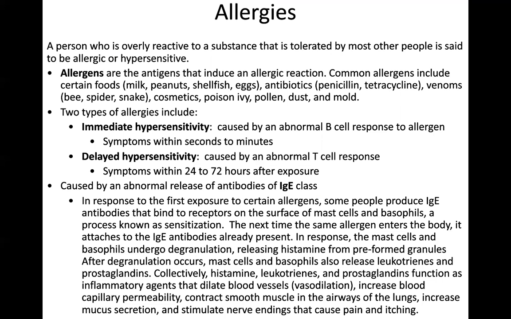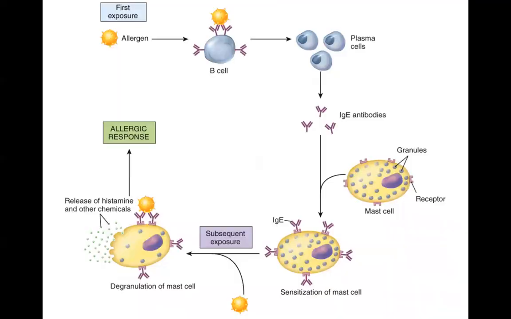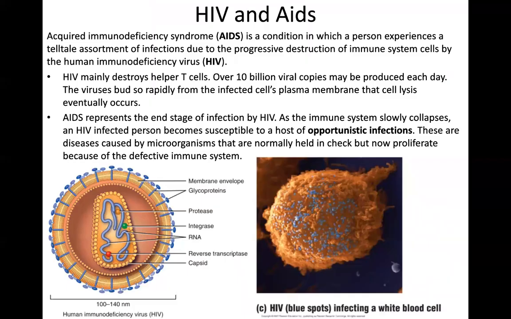They increase mucus secretion, so that is why your nose might run and you might start sneezing. And they can stimulate nerve endings that cause pain and itching, which people experience, especially if they've been exposed to poison ivy. So that's what it is. It's basically you've got these specific antibodies that trigger the release of those natural chemicals that we have. And it's just kind of an annoyance that we all experience.